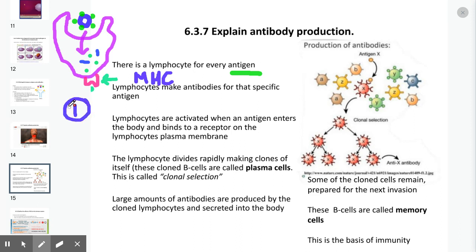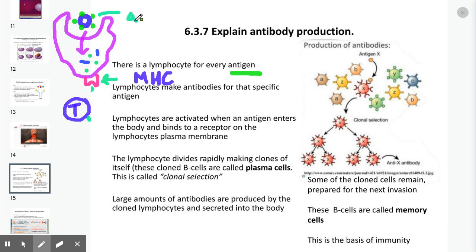So the T cell is going to get this information with this antigen, and it actually will attach the antigen to the T cell. So now it has it on its surface, and the macrophage says, hey, T cell, we're being attacked by this virus with this specific antigen, with this green antigen.